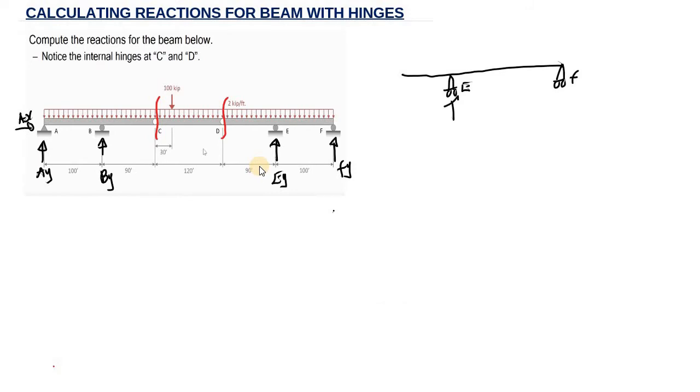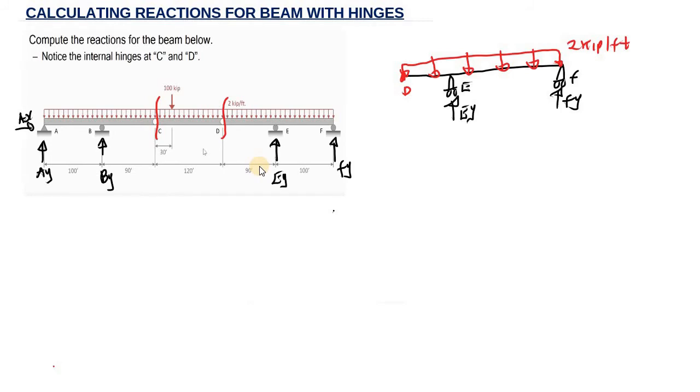So this is EY acting upward. This is FY acting upward. Then this is the hinge at point D. We also have a distributed load of 2 kip per feet.